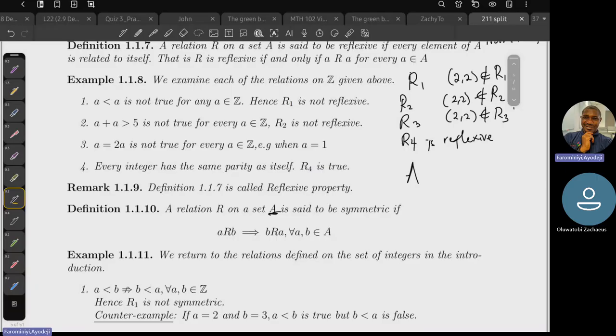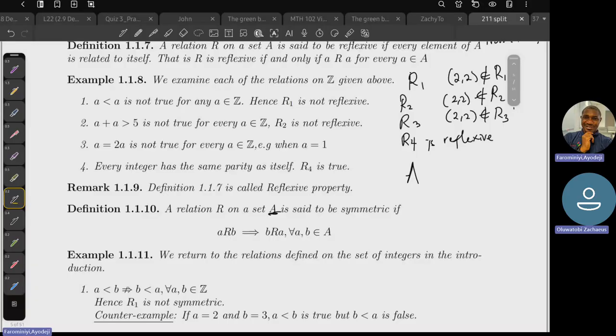But when we are talking about reflexivity, when we are talking about symmetry, we are talking about just one set, a relationship between a set and itself. So when we say a relation on a set A, we are saying the domain is A, the codomain is also A.